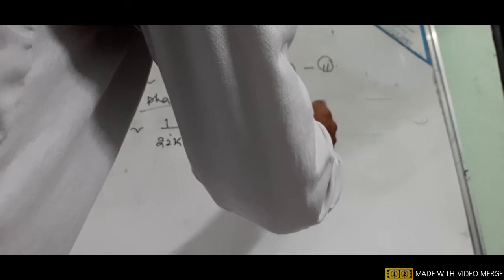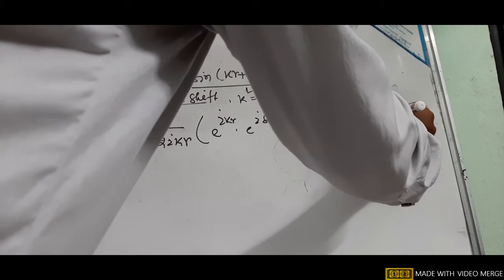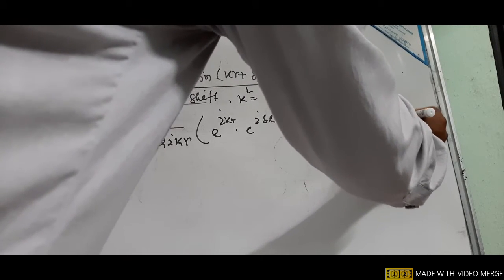So this is written as e to the power ikr into e to the power i(delta_L - L pi by 2) minus e to the power minus ikr into e to the power minus i(delta_L - L pi by 2). So this is equation 12. I've written equation 11 in this form.